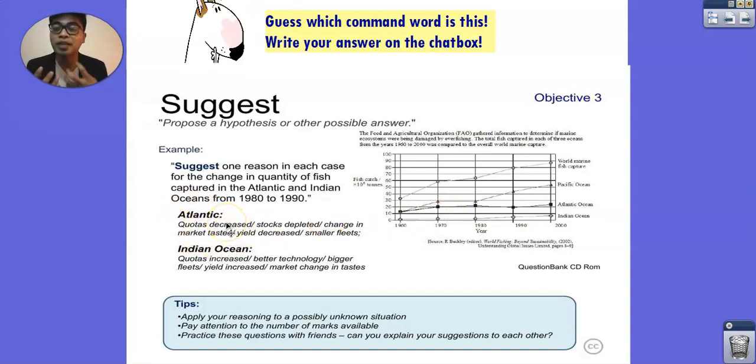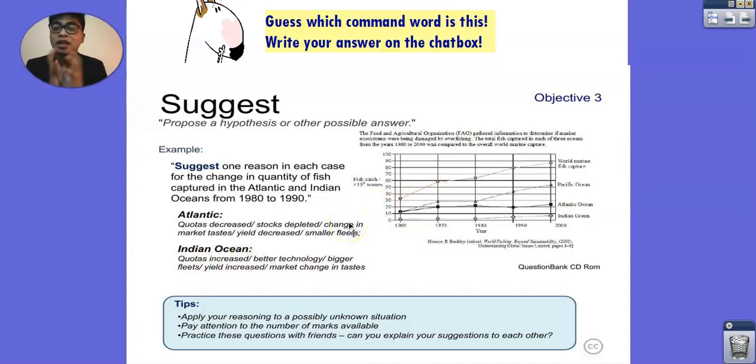It's your own opinion, but even though it's your own opinion, it needs to be related to the graph. For example, in the Atlantic, quotas decreased, because the trend of the graph decreased in the Atlantic. But in the Indian Ocean, the quotas are increasing, because when you look at the graph, it is increasing.